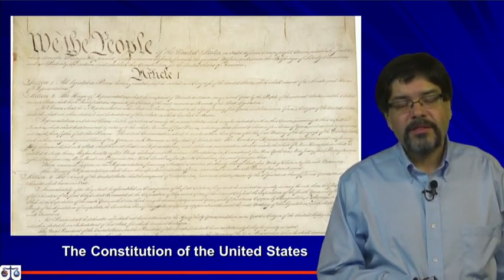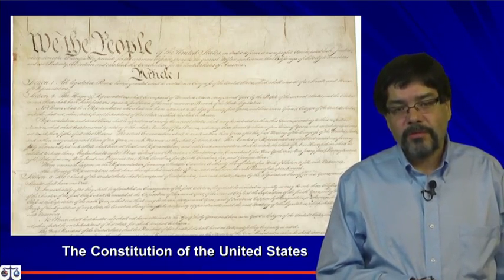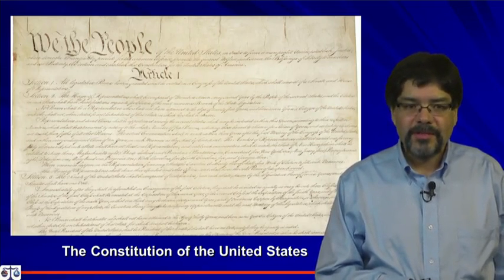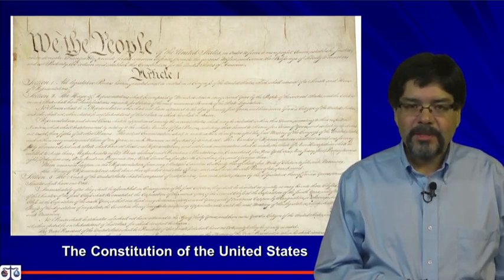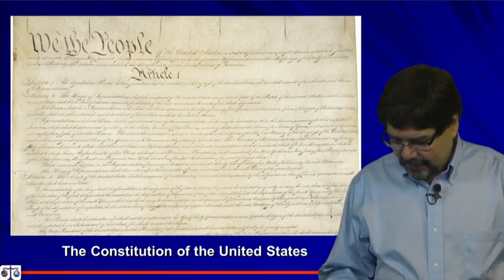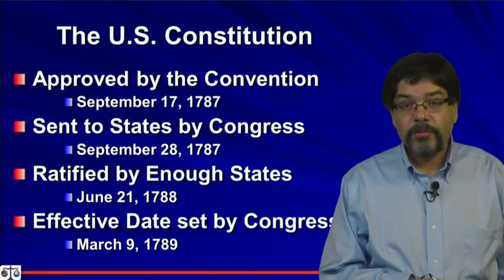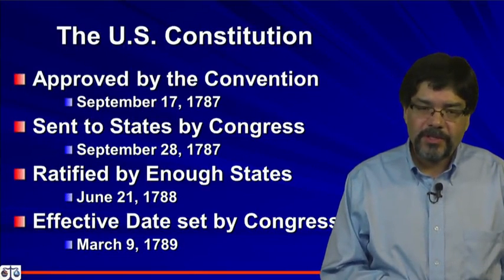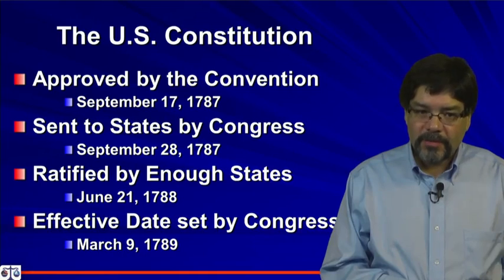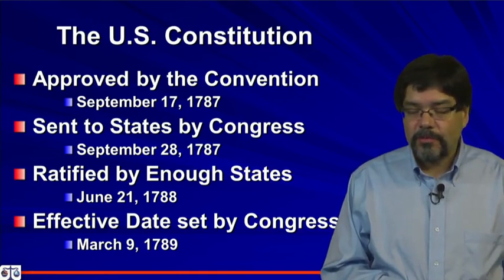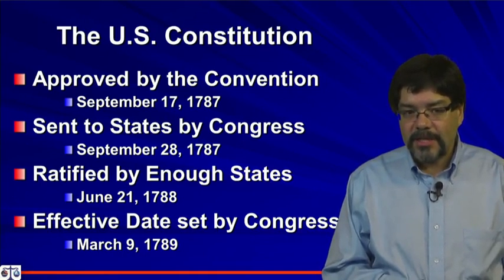The document that this convention produced is, of course, the Constitution of the United States. We, the people, in Congress assembled. And this Constitution was approved by the convention on September 17th of 1787. It was sent by Congress to the states on September 28th, 1787.